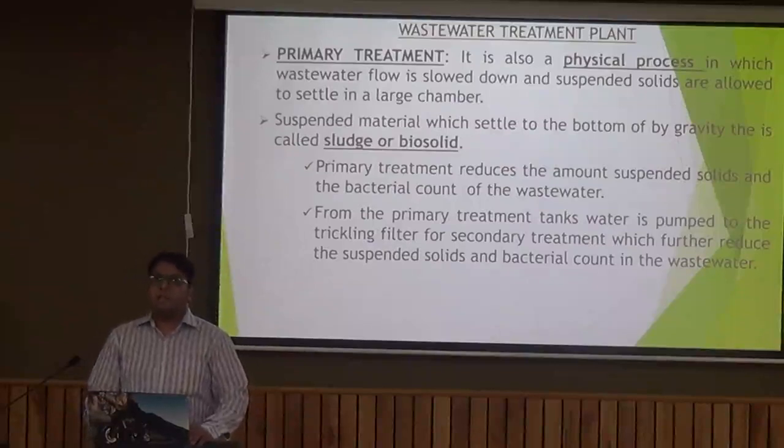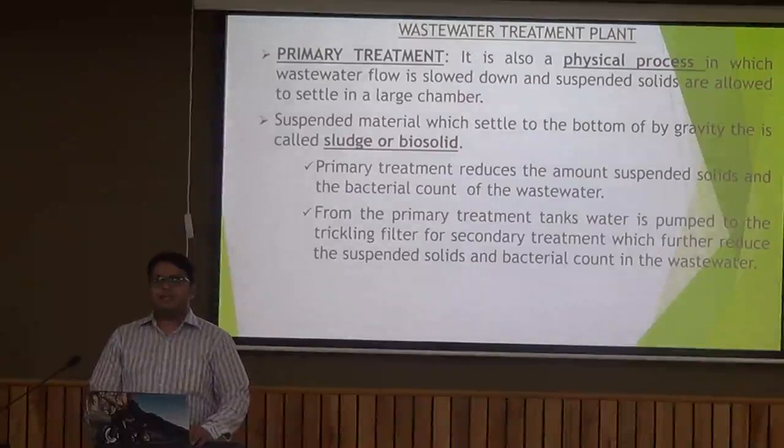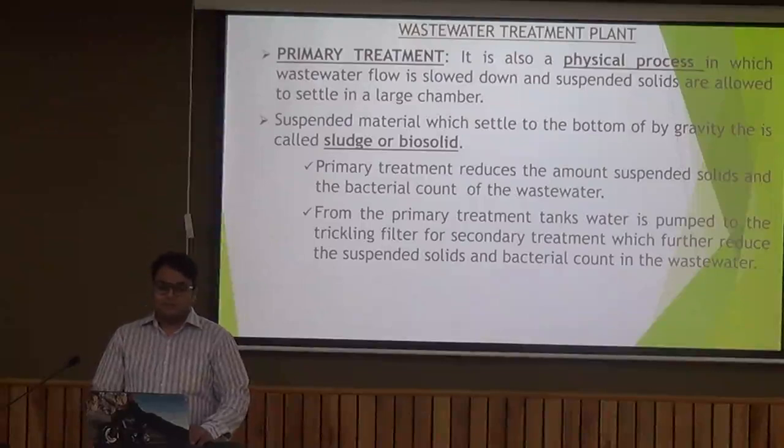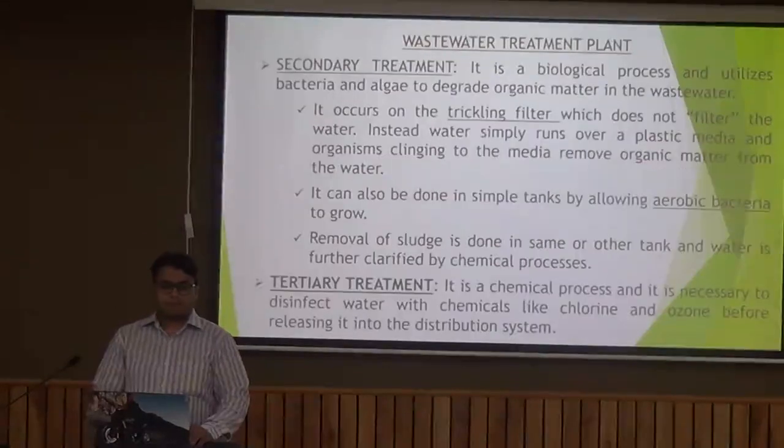It is linked with sedimentation, as wastewater is allowed to settle in a large size chamber. Here all the suspended impurities settle down at the bottom and produce biosolid or sludge. This reduces the amount of suspended solids and the bacteria present in the wastewater.